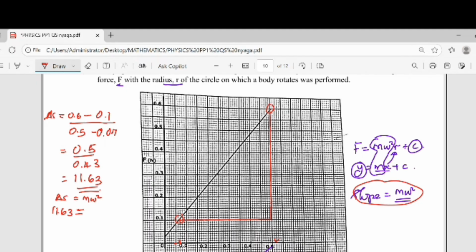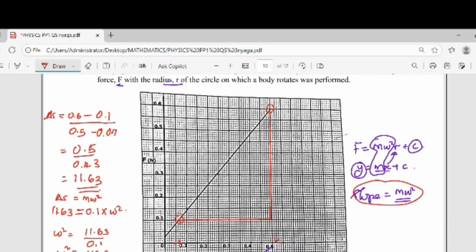Our mass here is 100 grams. You convert it into SI unit, which is 0.1, then times omega squared. So omega squared is the same as 11.63 divided by 0.1, and this will lead us to 116.3. That is our omega squared.